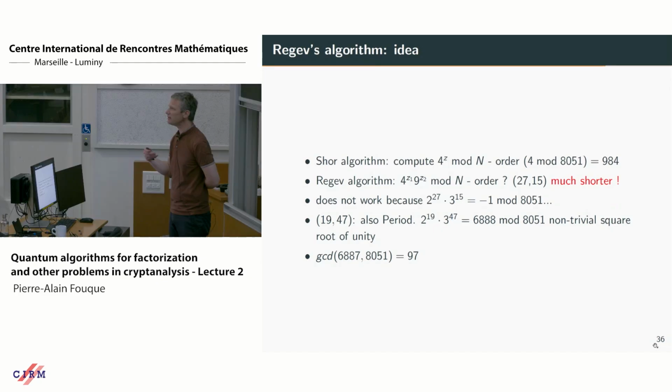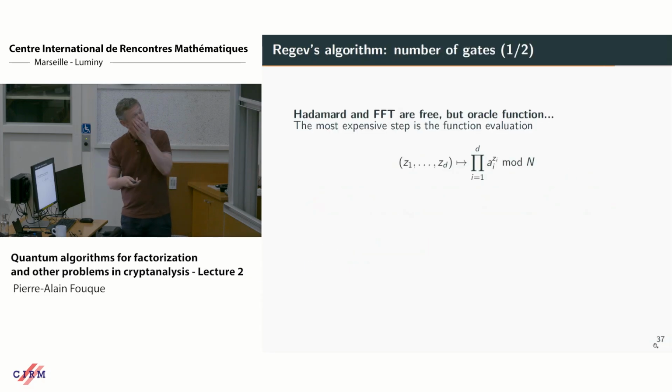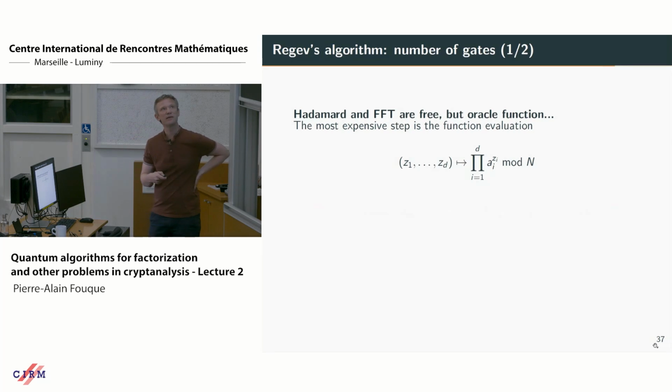Okay, so the end of the algorithm is very similar to what we expect, except that now we are looking for a period in higher dimension. Okay? So as before, the first step is the Hadamard. The inverse FFT at the end, you have to observe exactly as before.